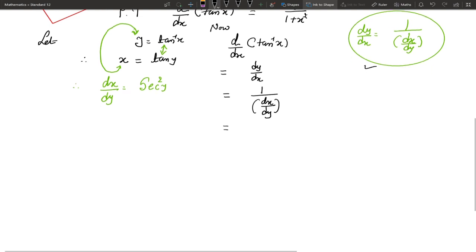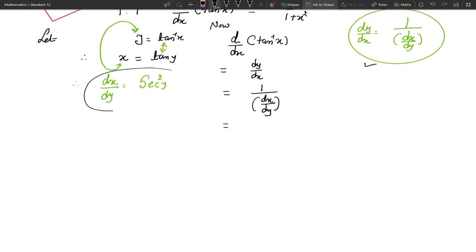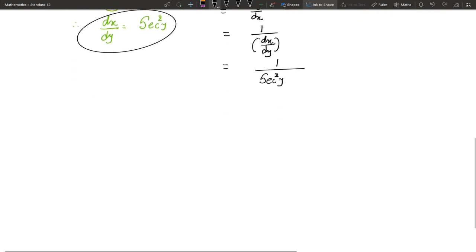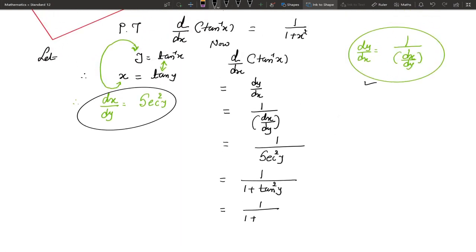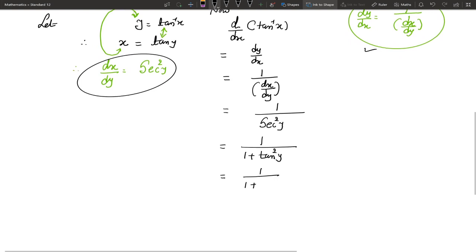Now the dx by dy value is sec square y, so 1 upon sec square y. Using the identity, sec square y means 1 plus tan square y, so this is 1 upon 1 plus tan square y, tan y is x, so tan square y is x square.